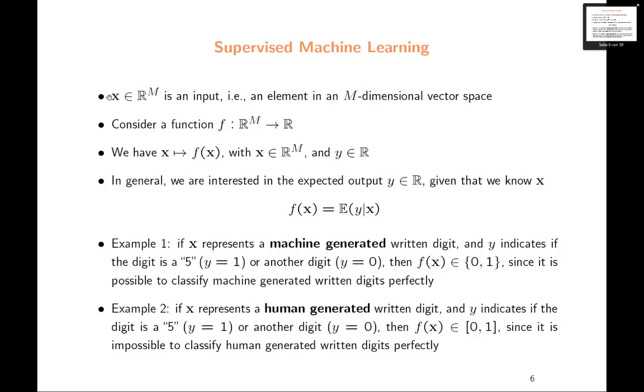So this is an element in an m-dimensional vector space. Then we consider a function f, which maps an element of this m-dimensional space to a scalar. So we can also write a mapping from x to f of x, where x is an element of this m-dimensional space and y is a scalar.